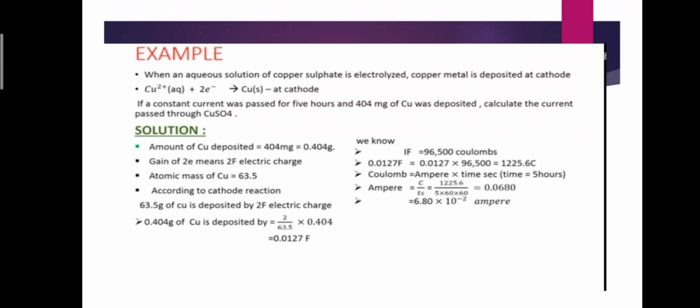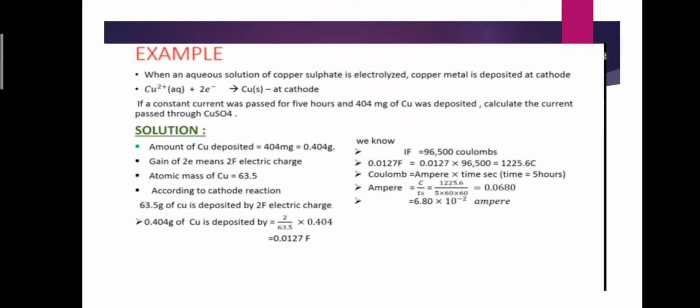Now the example: when an aqueous solution of copper sulfate is electrolyzed, copper metal is deposited at cathode. Cu2+ gains 2 electrons, and copper solid is deposited at cathode.